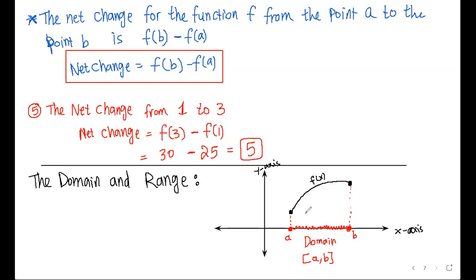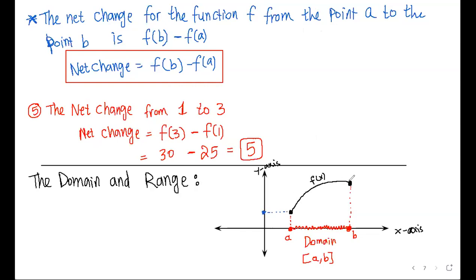So now from the graph, it will be easy to find the domain and the range. And the range is the y values which are used for the graph. So the y value for A is here.